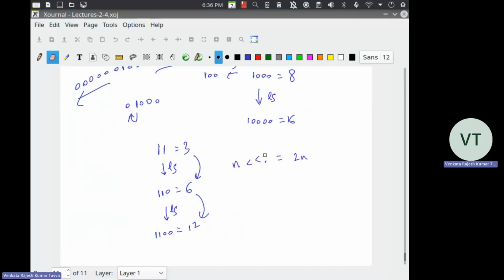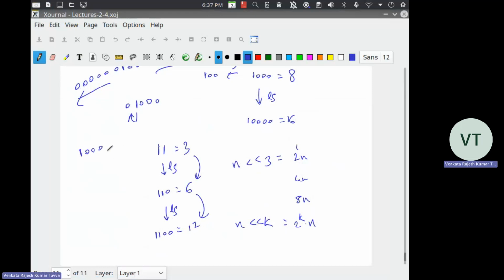If I do left shift of this 2 times, 4n. If I do left shift of this 3 times, 8n. If I do left shift of this k times, 2 power k times n. It is 2 power 1 n, 2 square n, 2 cube n. So if I left shift it k times, it will be 2 power k n.